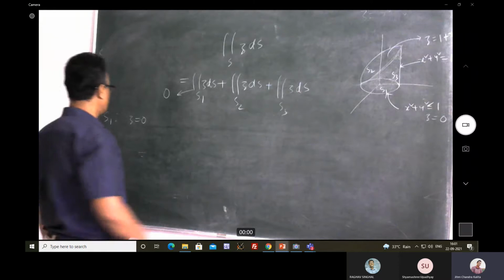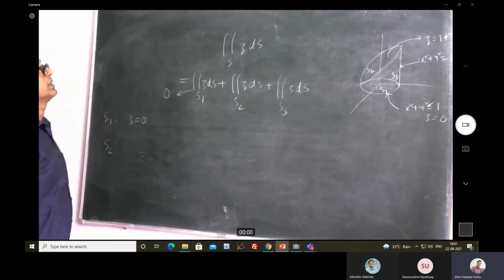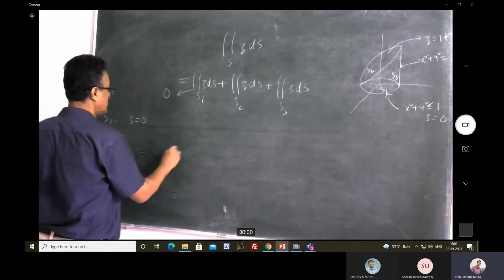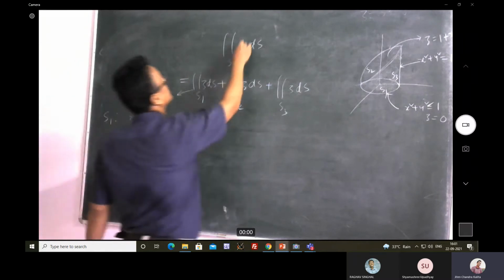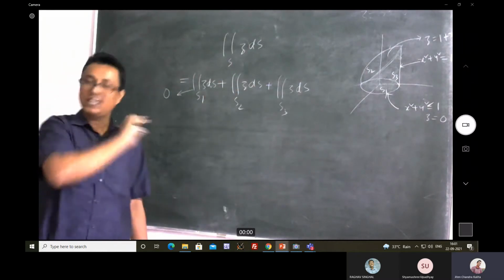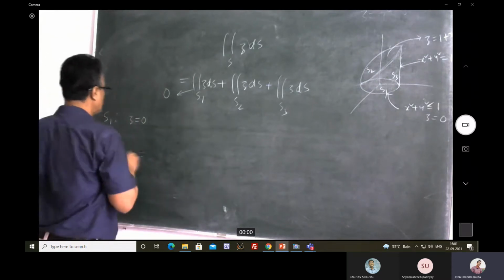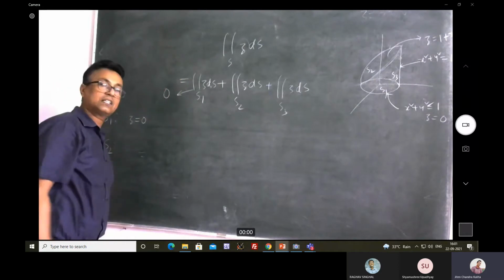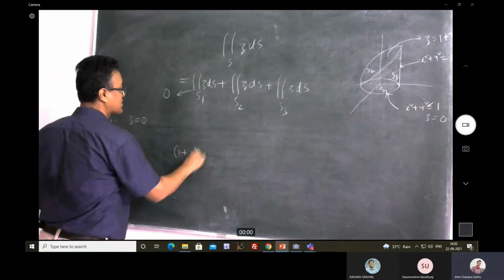Fine. Now let me come to S2. On this surface, z equal to 1 plus x. You forget about this integral. That will come later on. We will be able to deal with any integral which is a function of x, y, z. So firstly, you look at what z is over that surface. So z equal to 1 plus x.